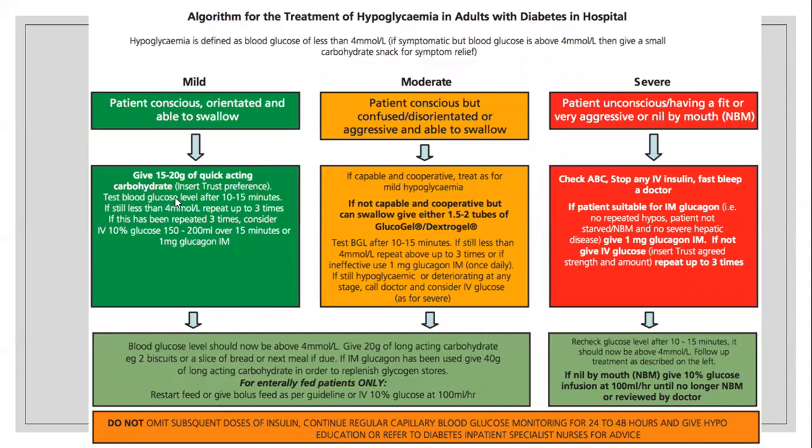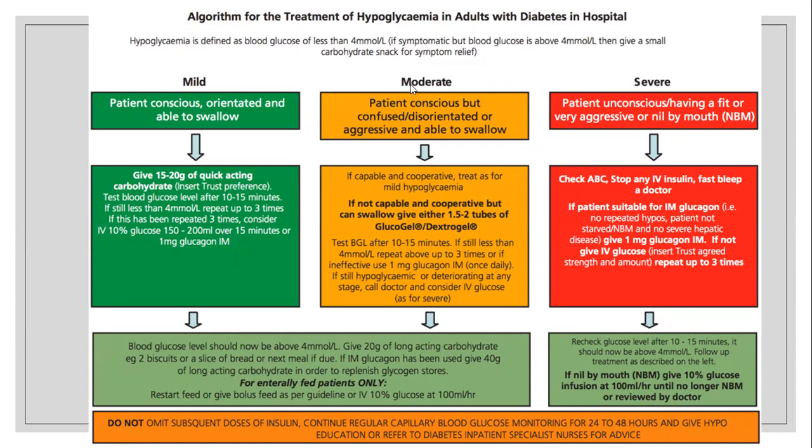Also test the blood sugar level after 10 to 15 minutes. If still less than 4 millimoles per liter, we can repeat up to 3 times. If this has been repeated 3 times, consider IV 10% glucose 150 to 200 ml over 15 minutes or 1 gram glucagon intramuscular.